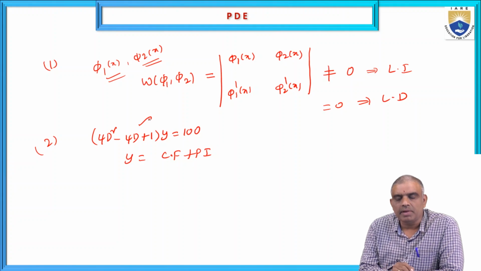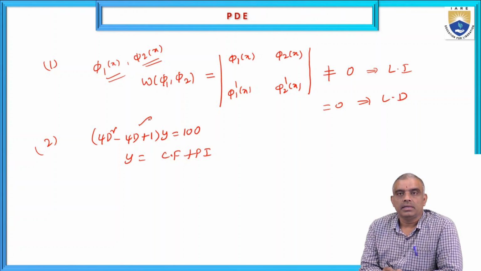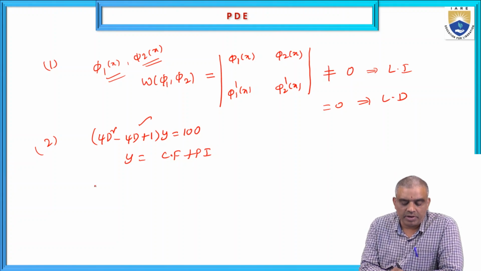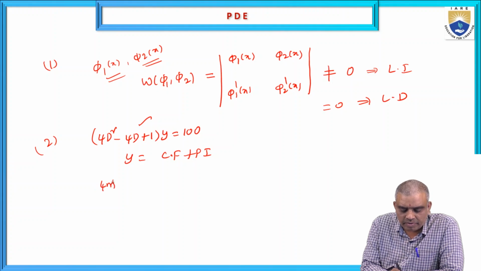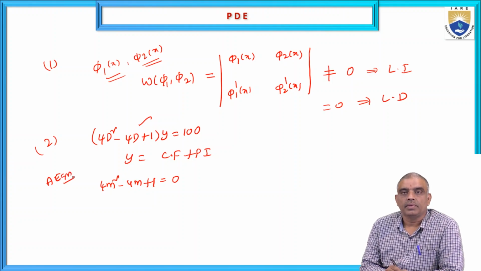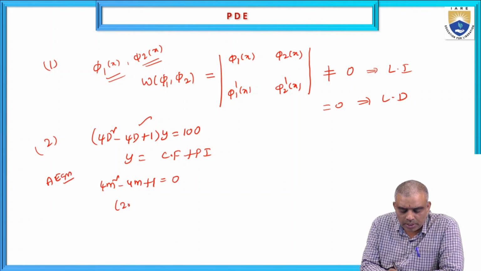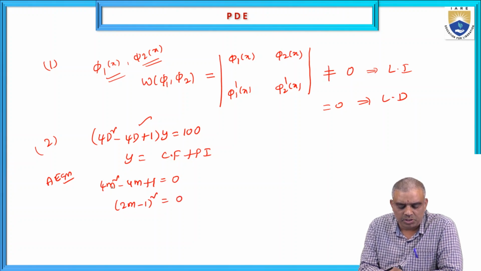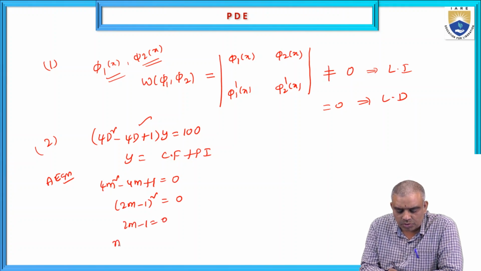Here the complementary function can be calculated by using 4m square minus 4m plus 1 is equal to 0, and this is called the auxiliary equation. Then this is (2m minus 1) whole square is equal to 0, or 2m minus 1 is equal to 0, or m is equal to 1 by 2, 1 by 2.